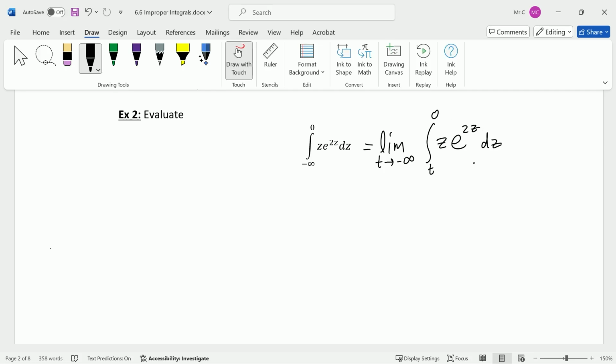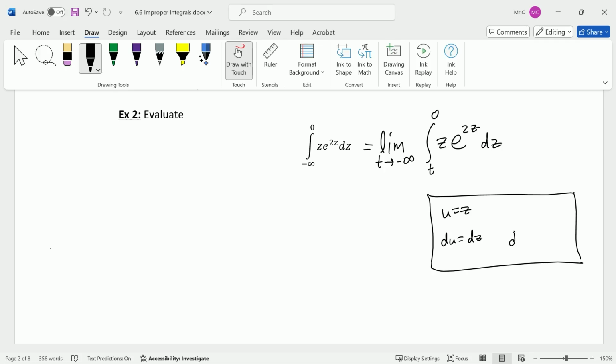Now, this is an integration by parts, a pretty standard integration by parts integral. So I'm going to let u be z and du be dz. And I'm going to set dv to e to the 2z dz, which when I take that antiderivative will give me e to the 2z over 2.